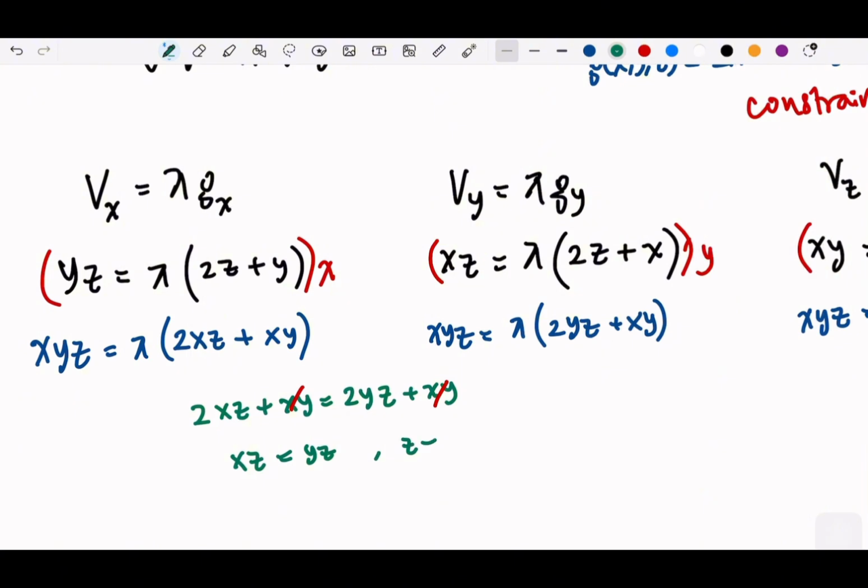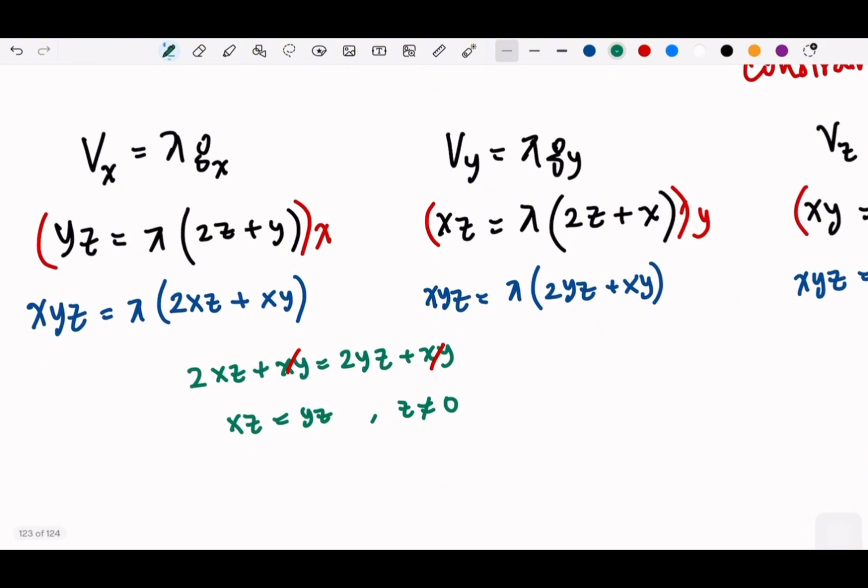But since z is not 0, because if z is 0, the volume will be 0, x should be equal to y.